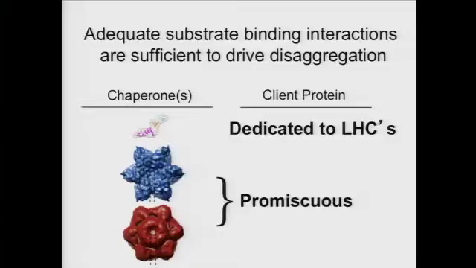So this is a chaperone that's dedicated to serving this most abundant family of membrane proteins on Earth. And because of that dedication, it has plenty of time during evolution to build extensive interactions with its client protein. So with that specificity comes proficiency. And in the absence of any external energy input from ATP, the energy derived from those interactions is probably sufficient to disassemble those large protein aggregates.